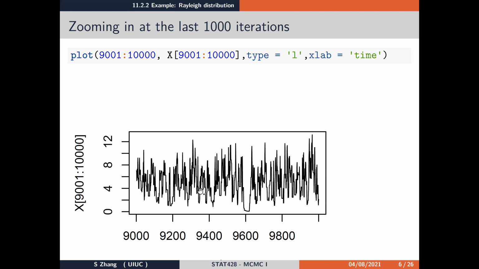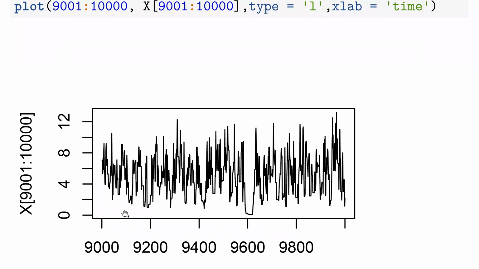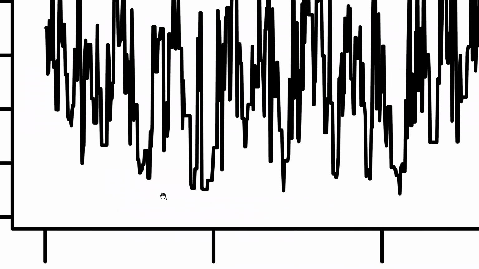In every iteration there are some fluctuations. However, if you zoom in and look closer, at some of the times the next iteration's value will be equal to the value from the previous iteration. That is the case where we have rejected a proposal draw and set the next xt plus 1 to be equal to the current xt.